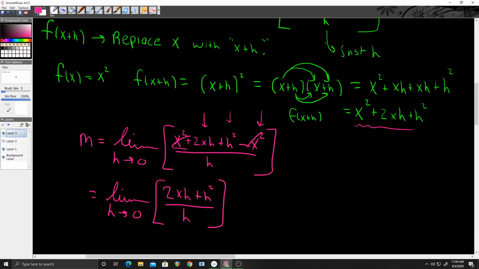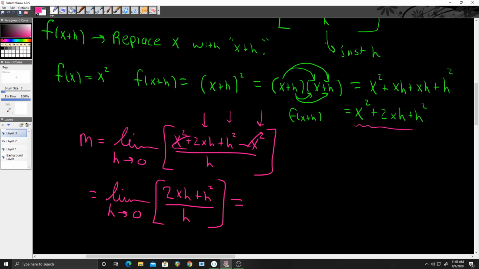So the thing that we're trying to do here is get rid of the h on the bottom. Because as long as this thing is continuous, then to find the limit, all you got to do is plug in 0 for h. But if we have 0 over 0, that's indeterminate. So to determine what it actually is, we have to get rid of the h on the bottom. That's what we're trying to do.